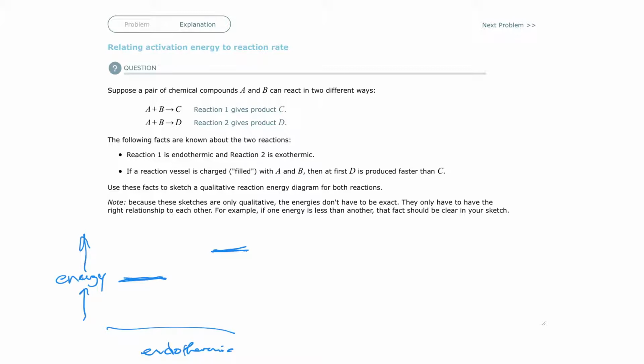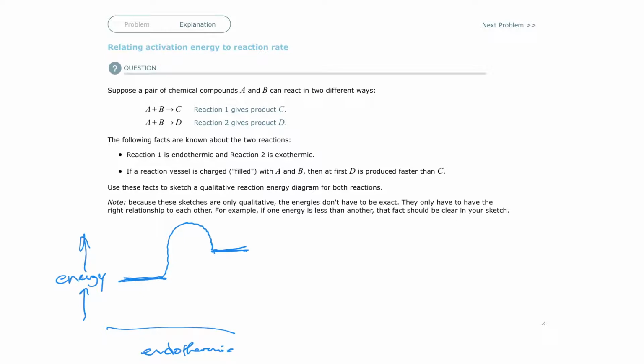Well, if there were no activation energy, it would simply go from the lower to the higher. It would simply go from low to high. And activation energy is going to be a barrier that you have to cross that's usually higher than both the products and the reactants. So you would have some kind of a barrier like this, okay, whatever that would look like.